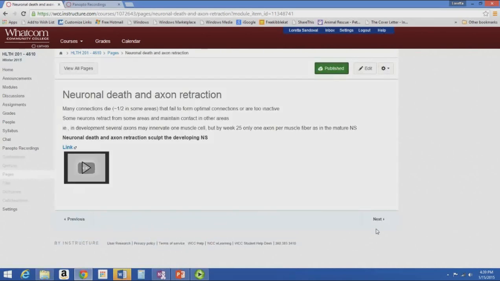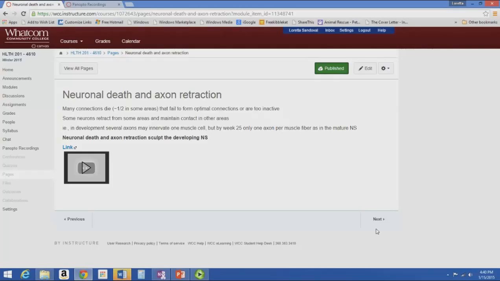So there are lots of neurons to start with, and many of them die. As much as half of the original neurons that were in some areas die because they fail to form optimal connections. They're too inactive. So some neurons retract from that area, and then they maintain contact in other areas.